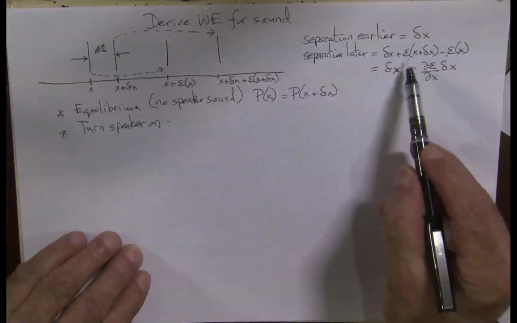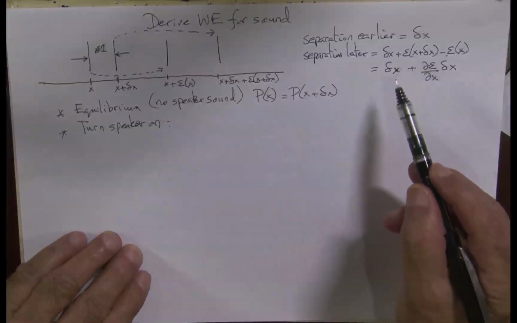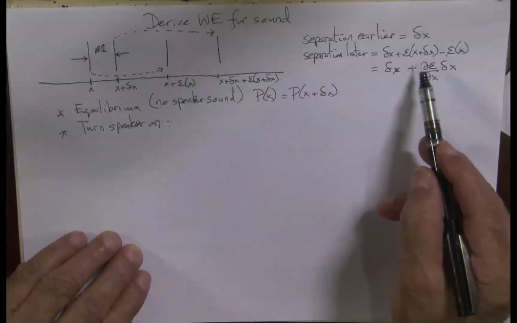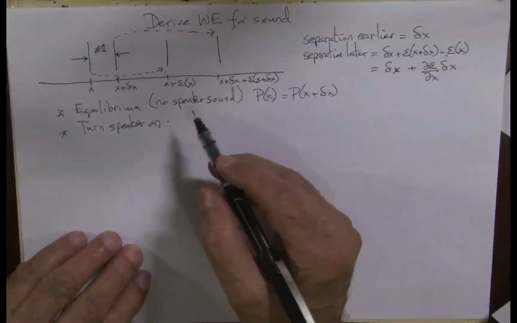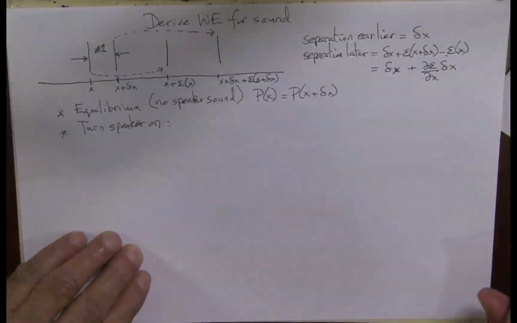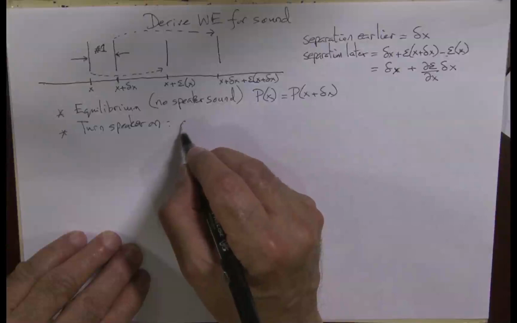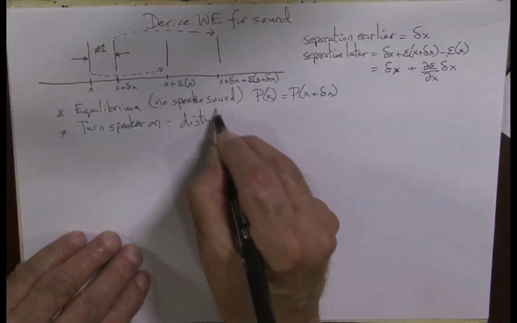As I said, this epsilon, which is the displacement from the average, is a function of x. Okay, so now when I turn the speaker on, this disturbs the equilibrium.